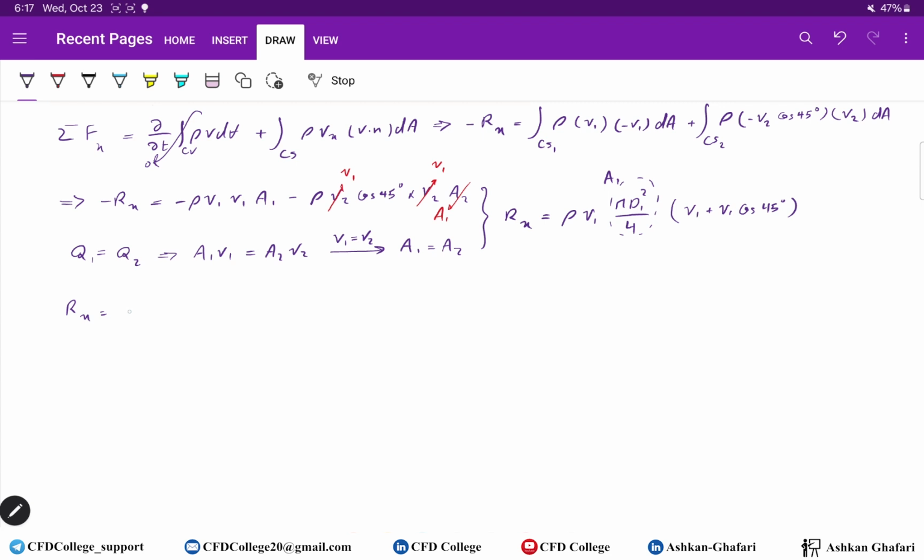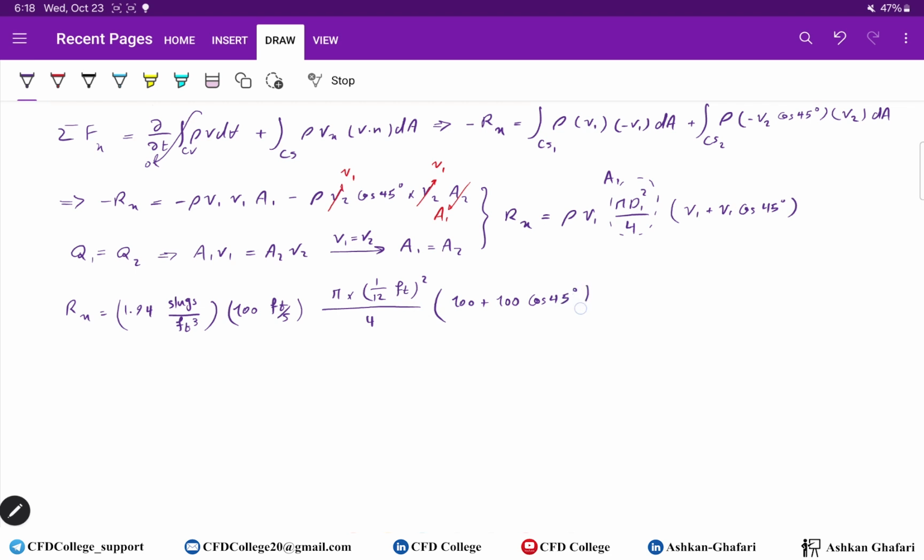Rx equals 1.94 slugs per cubic feet times pi times V1, 100 feet per second times pi d1, which is 1 inch, 1 over 12 feet square over 4 times V1 100 plus 100 cosine of 45 degrees.